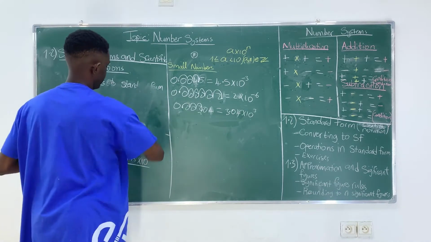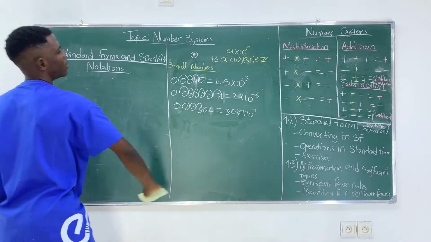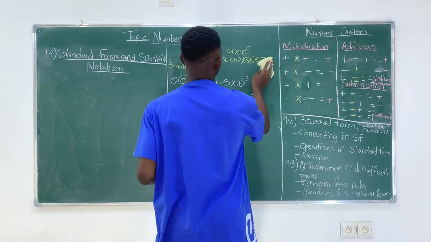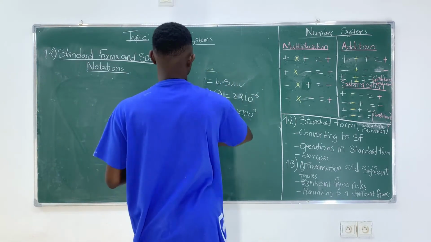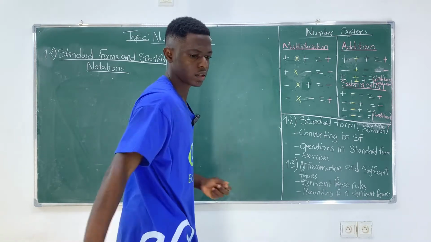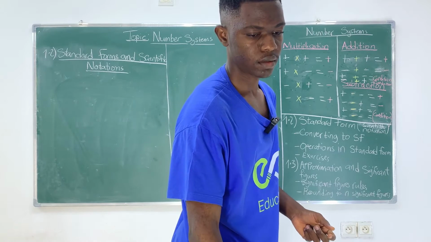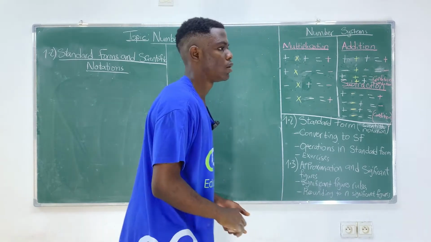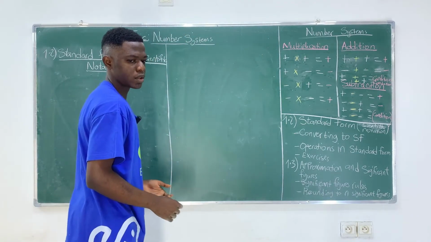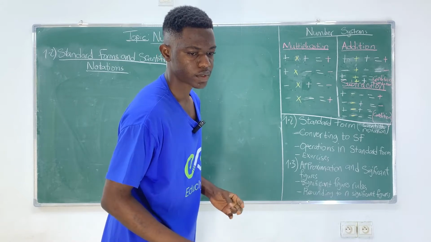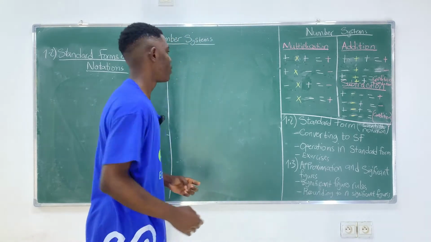Then I can write this. Okay, so let's multiply 2 times 10 to the 3 times 3 times 10 to the 4.